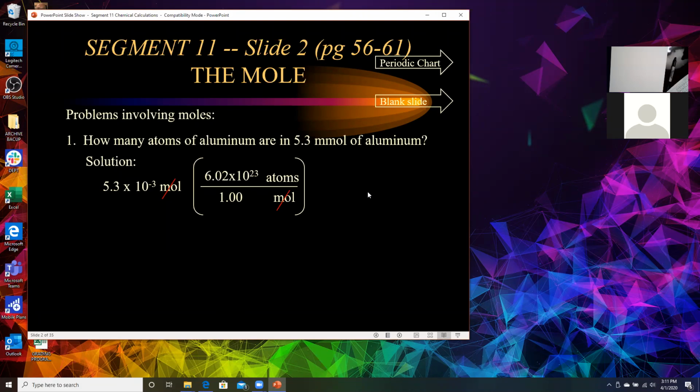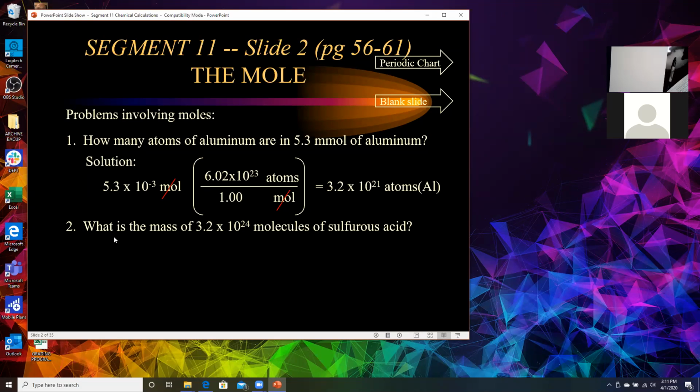So when I do my math, I've got the conversion factor. So 5.3 times 10 to the minus 3 moles of aluminum would have 3.2 times 10 to the 21st atoms of aluminum. So this is how we manipulate moles and atoms.